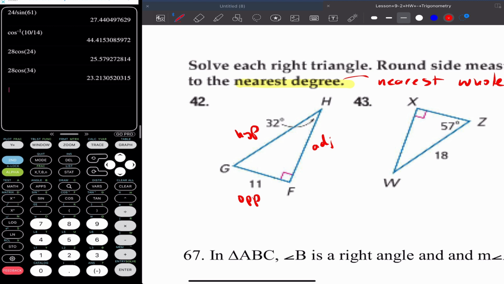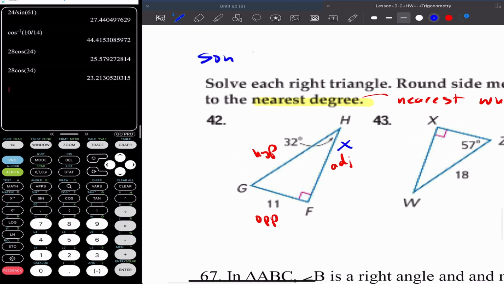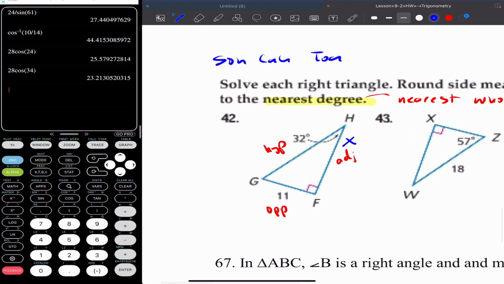Okay, so I need to figure out what this side here is. I'm going to call that x, right? So if I have adjacent and opposite, I'm gonna write SOHCAHTOA. Well, adjacent and opposite, or opposite adjacent, that's using your tangent function.